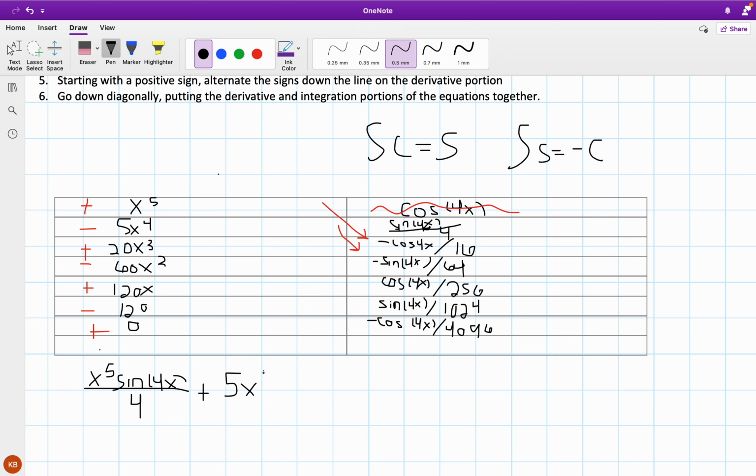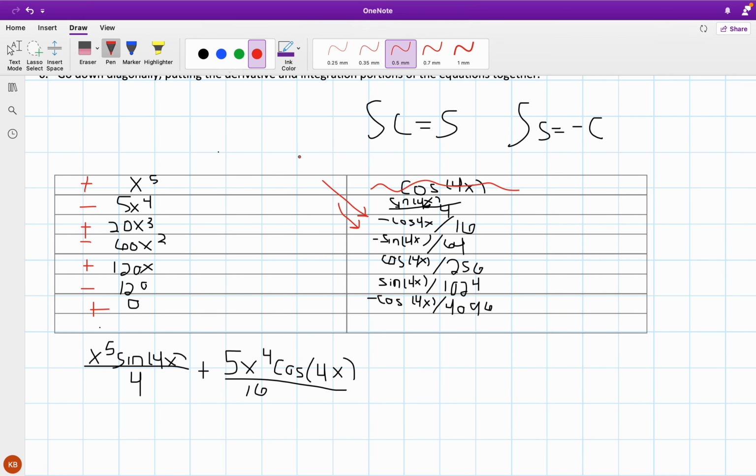Plus 5x to the fourth times cosine 4x over 16. All right, do it again.